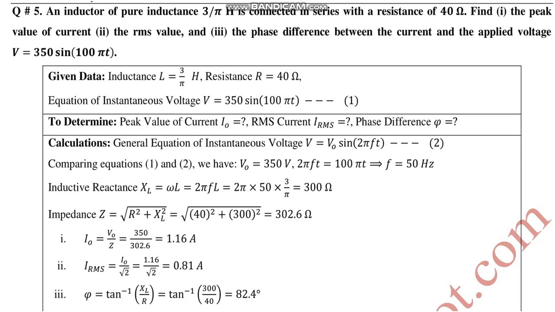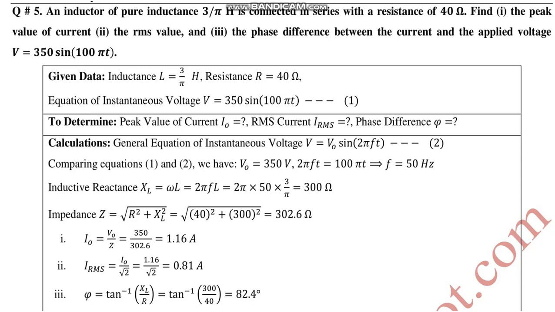This is equation number 2. For these three requirements, we first find the peak voltage, second we find frequency, then we find inductive reactance and impedance, because these values are used in these three required formulas.